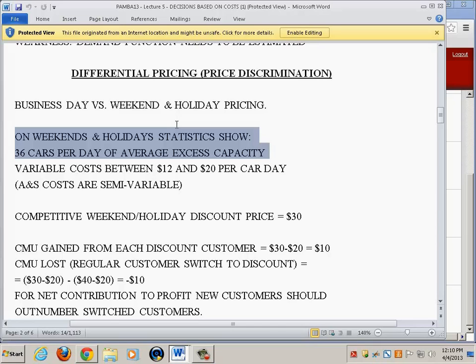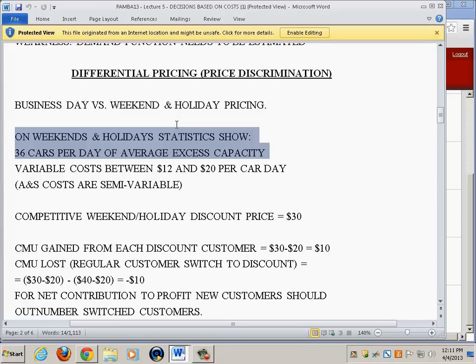Your additional cost will be 20, but you're going to earn $30 per car day, so your incremental addition to profit is going to be 30 minus 20, or $10 per car day, because the fixed costs don't figure whether you rent at a discount or keep the car idle. You will incur them anyway, right?